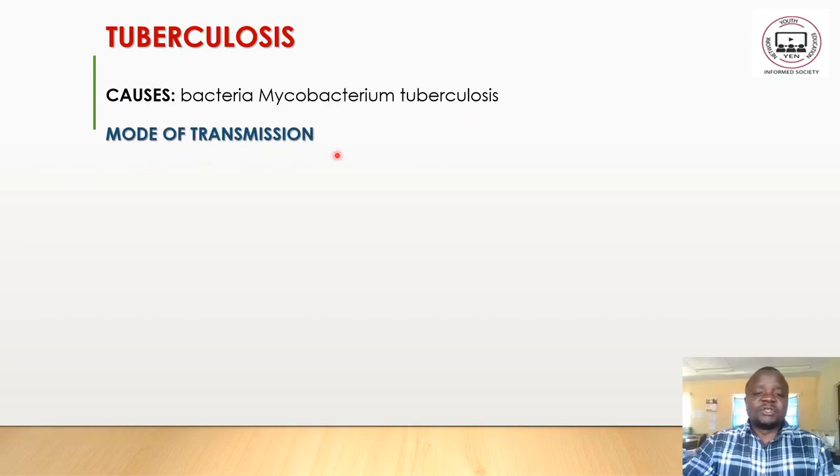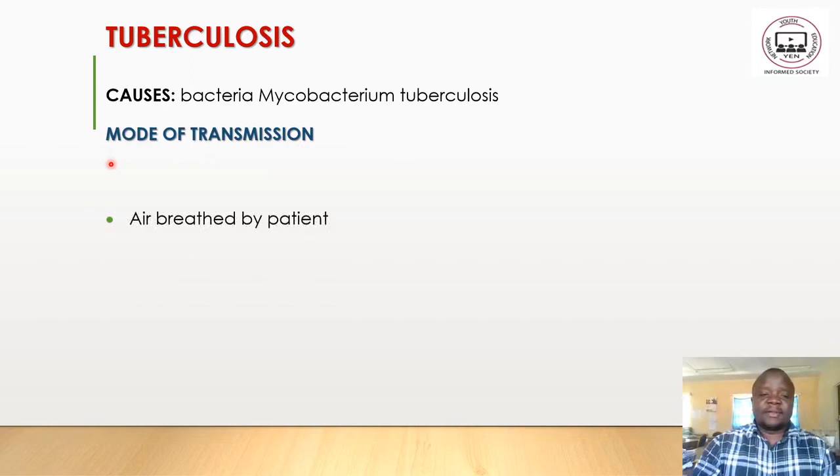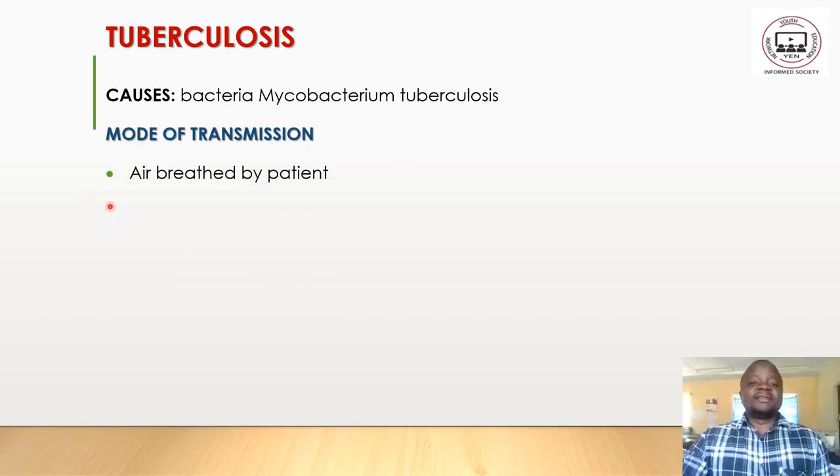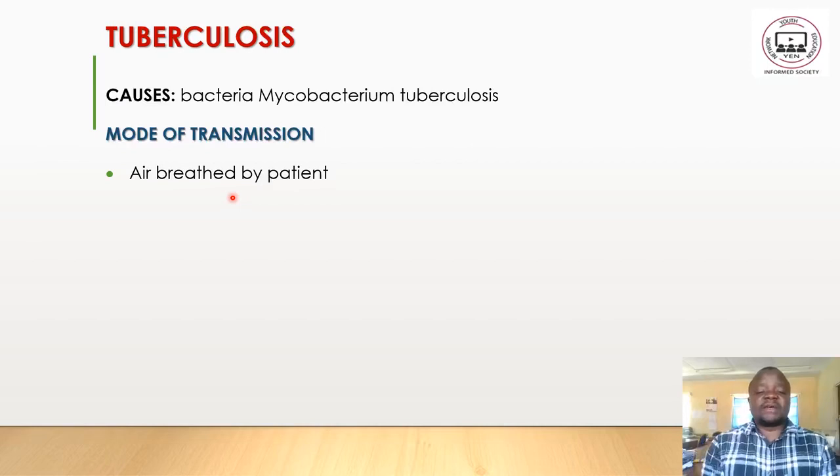Mode of transmission, how is it transmitted from one person to another? This disease is transmitted through air breathed by the patient. If that air is contaminated by Mycobacterium bacteria, then generally a person will suffer from tuberculosis or TB.